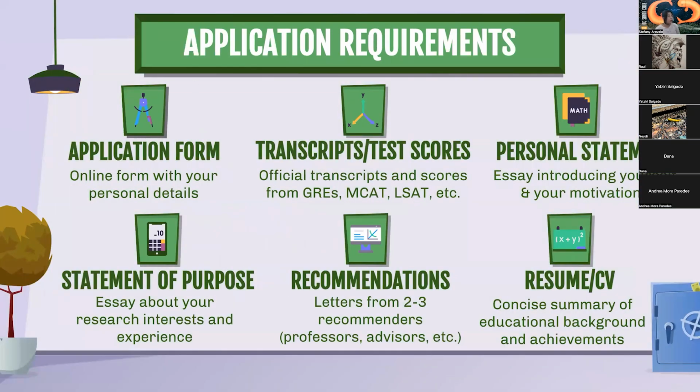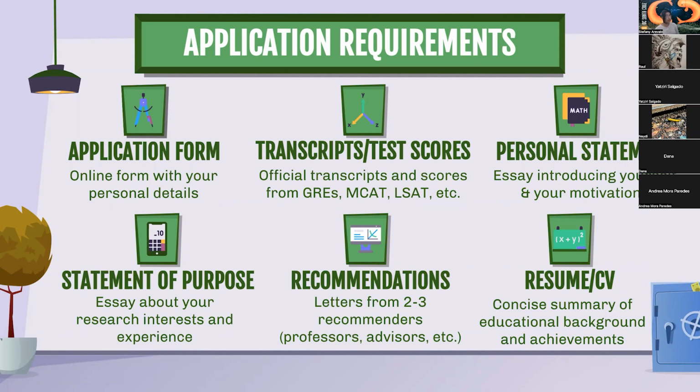These are the 6 general categories. We covered this yesterday, just a short overview. We have the regular online form, which has your basic information, such as your name, address, etc. Then you have the official transcript you need to send in with your current grades. Keep in mind, if you're applying while you're still a senior, you would send an official transcript of whatever grades you have up to that moment.